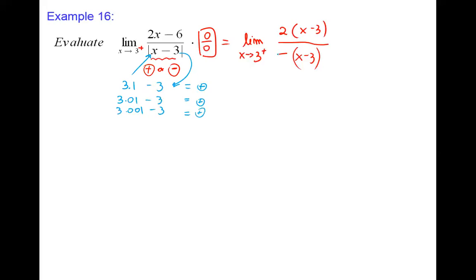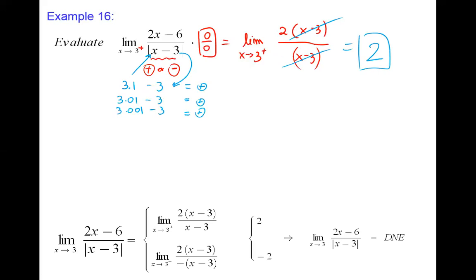Positive, positive. Okay, that means this is positive. We don't have to do anything actually. Okay, and now I can cancel out. My answer is 2. That means the limit from the right-hand side is 2. On the left-hand side, the quantity will be negative, and we have to put a negative, and the answer is negative.